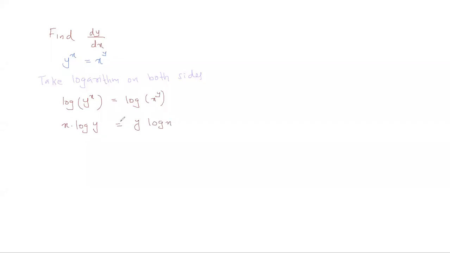Now implicit differentiation: differentiate both sides with respect to x. So the left side is the product of two functions, so you have to apply the product rule. Derivative of first, the derivative of x is 1, into second, that is log y, plus first into derivative of second, log y, derivative is 1 by y into dy by dx, is equal to, again on the right side it's the product of two functions.